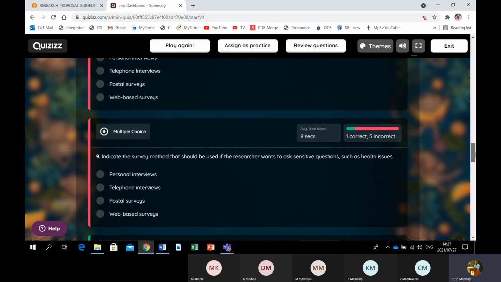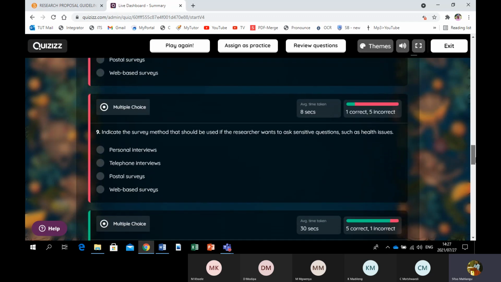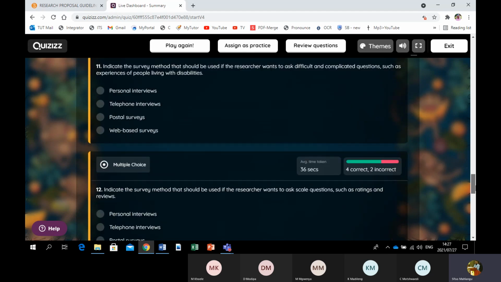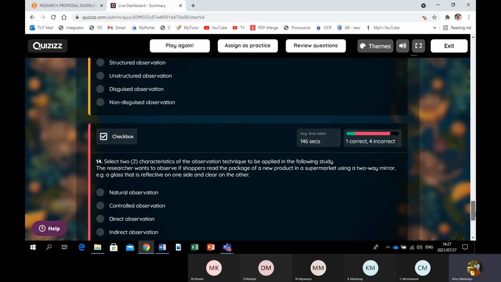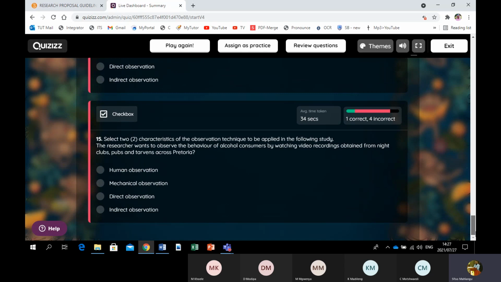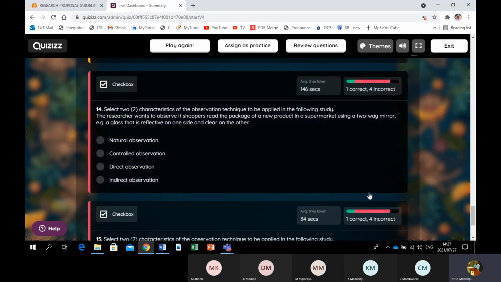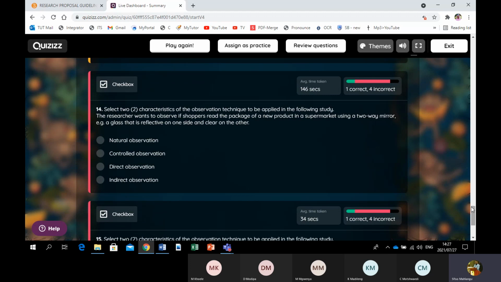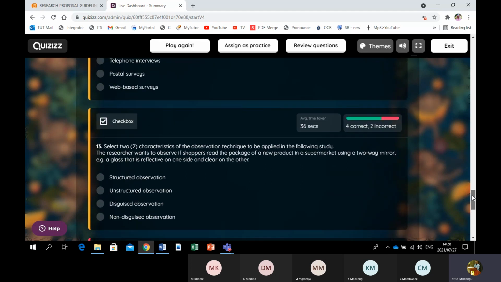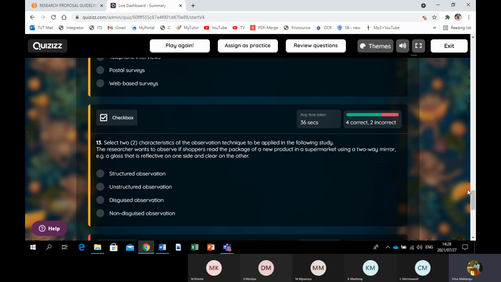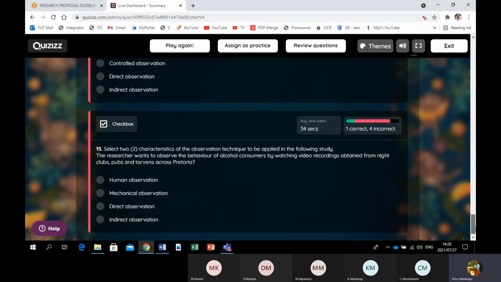And lastly, I think it was the last question. Yes, these two last questions, there was only one correct answer here. It's about observation. I see the other one you managed to get correct, so I'm not going to discuss this one in detail.